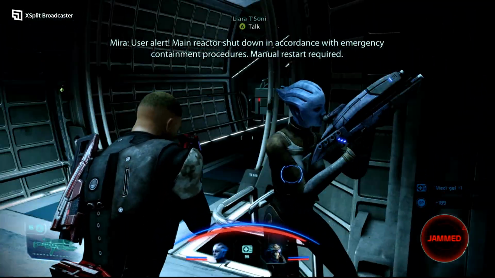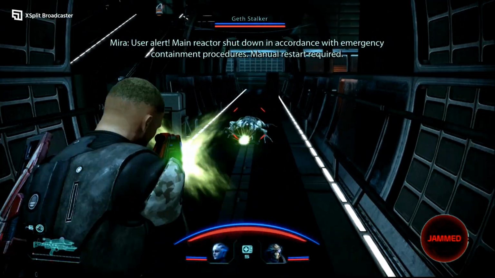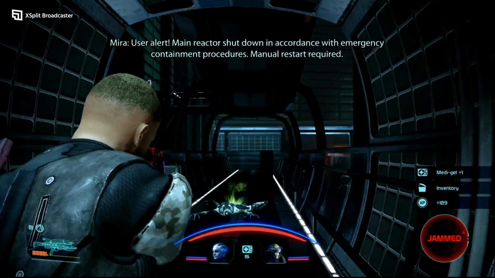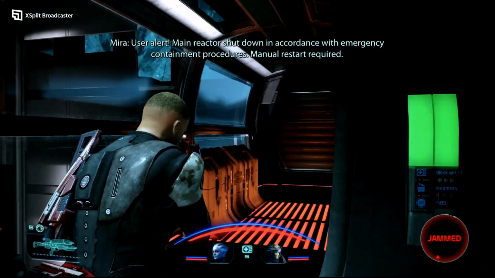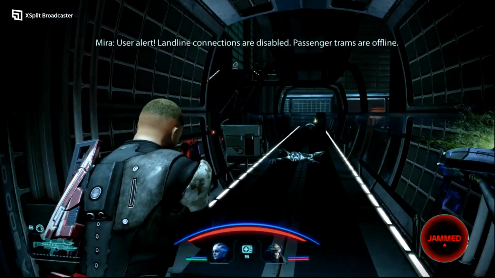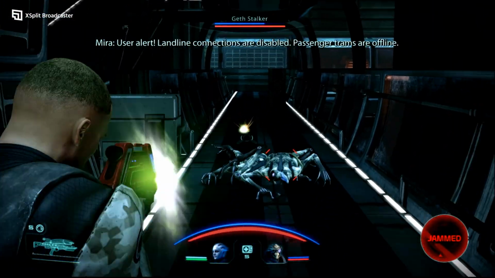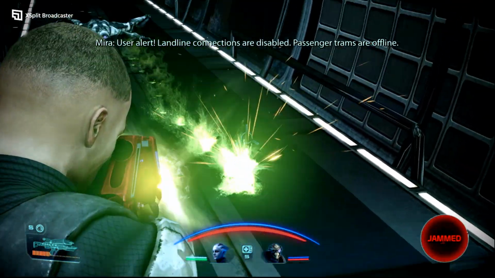In accordance with emergency containment procedures. User alert. Landline connections are disabled. Passenger trams are offline.